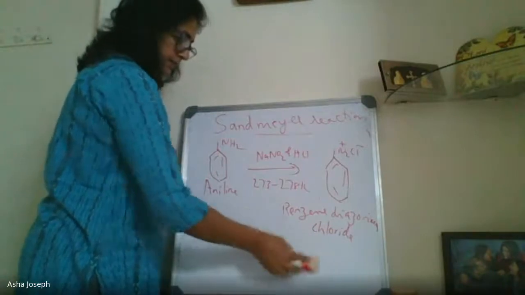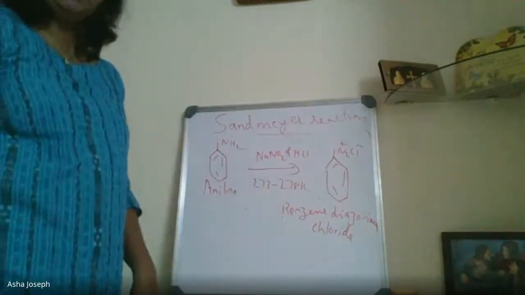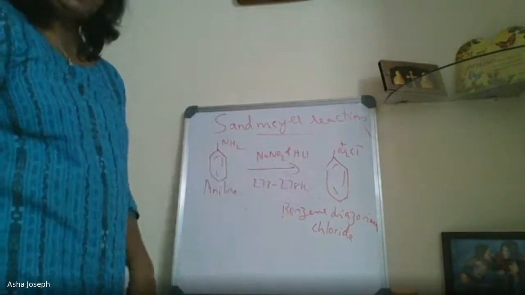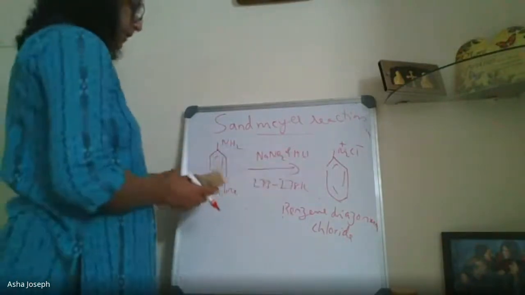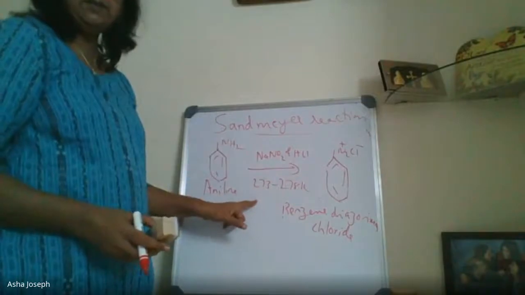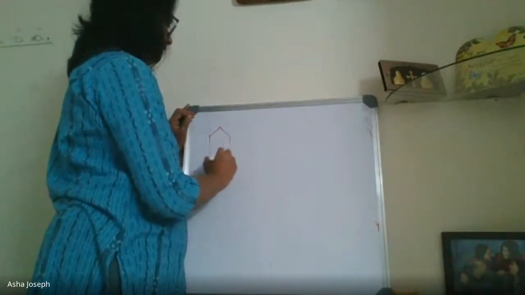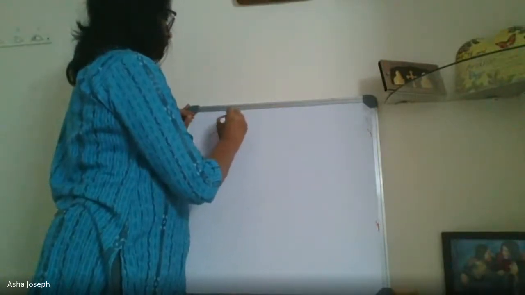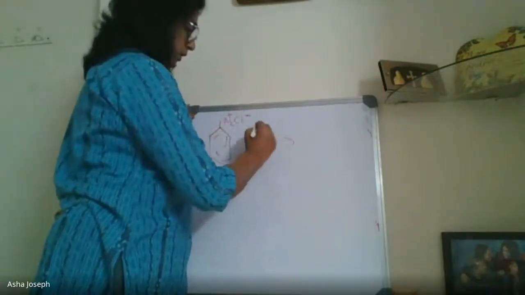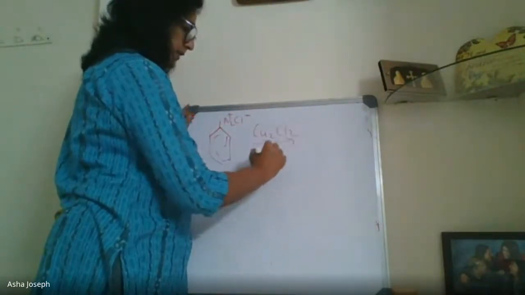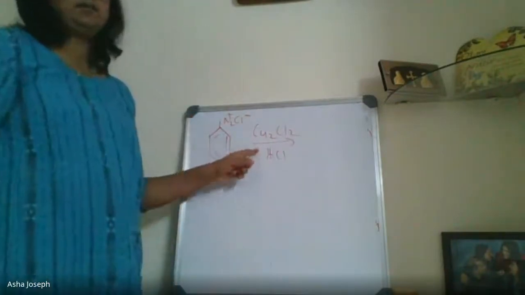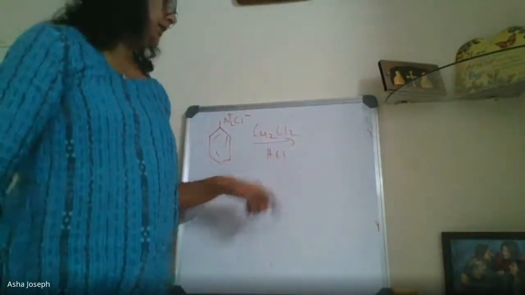So this is benzene diazonium chloride and this is the starting material. We have to take this compound. This much have you written? Yes, ma'am. So this benzene diazonium chloride, if you want chlorobenzene, you will take cuprous chloride and HCl. That HCl is not given in the book in this, but HCl is there.